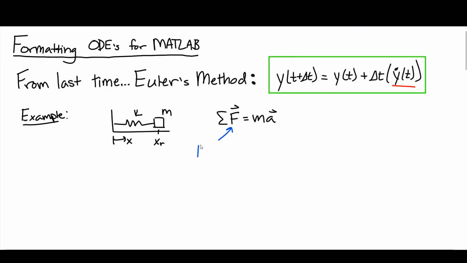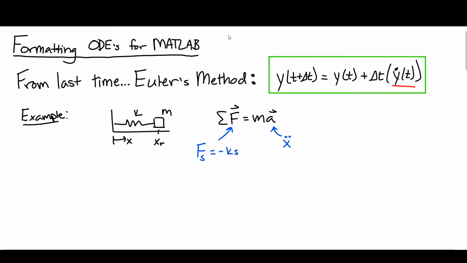So the only force that we really need to take into consideration here is that due to the spring, which is defined as minus ks, where this lowercase s represents the amount of stretch in that spring. So how far has it been perturbed from its resting position? And since we're just looking at the x position and we're assuming this mass doesn't move in the vertical, we can say that the acceleration is just x double dot.